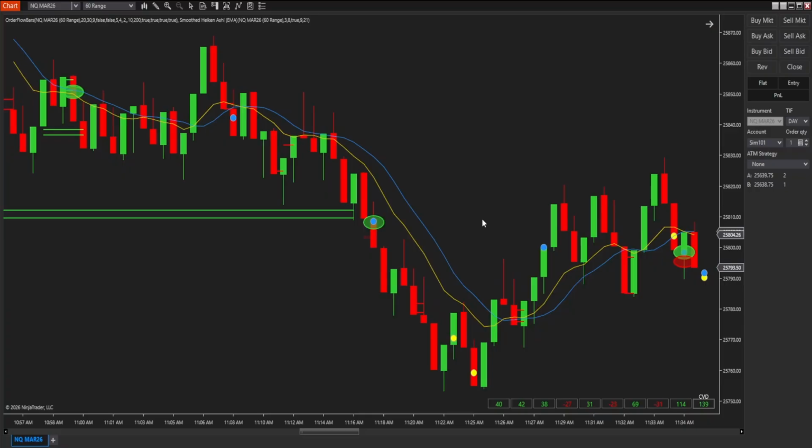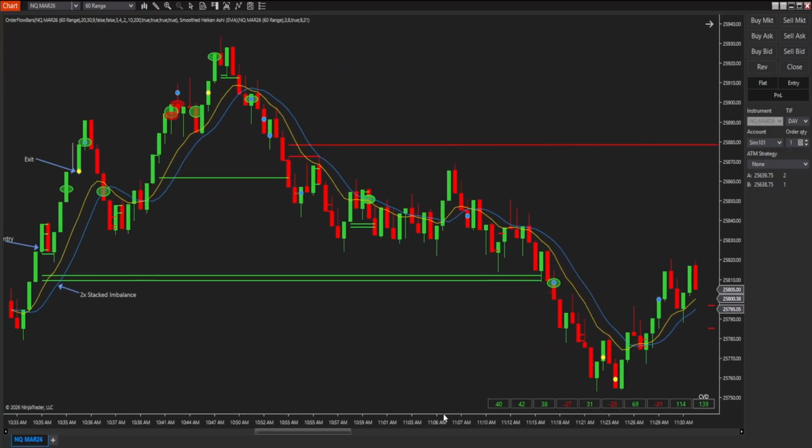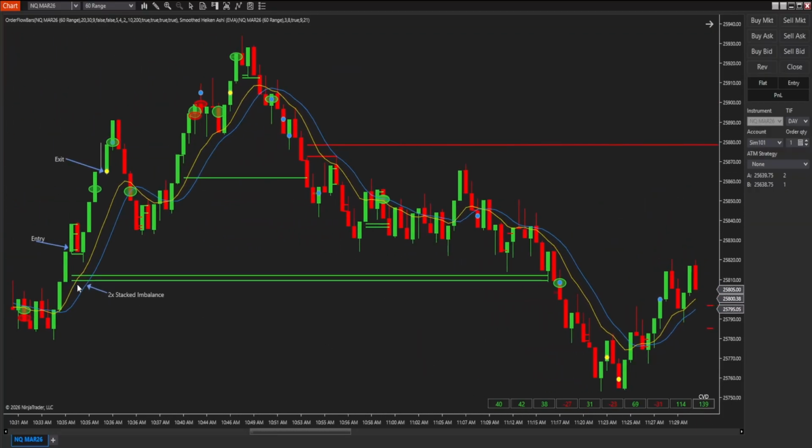But once you look at this and you say, okay, I'm looking to the left, I've got a support area right here. We come in here and we kind of bounce off it a little bit. But the Heikin Ashi smooth line, that right there is separating, so that's telling me the momentum is downward.